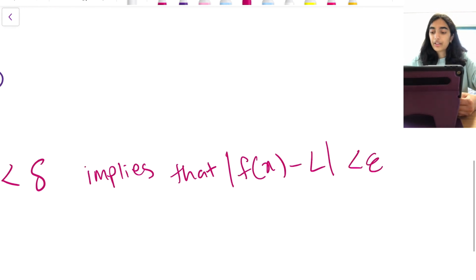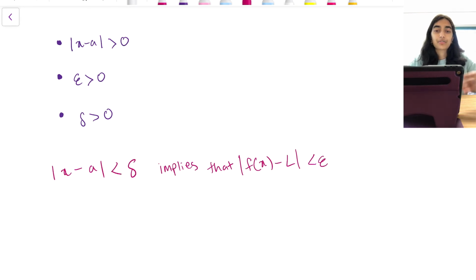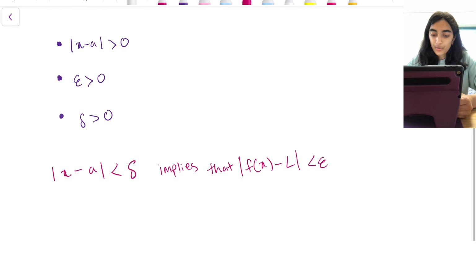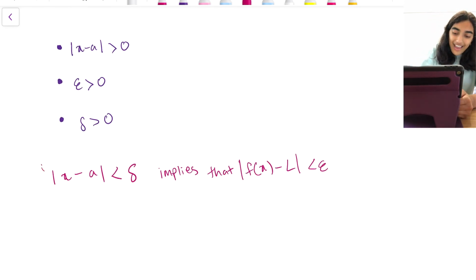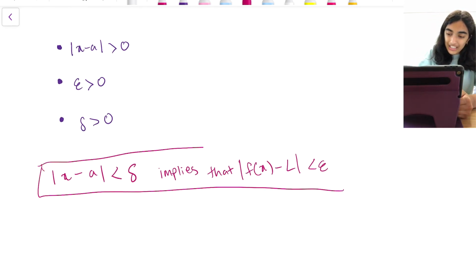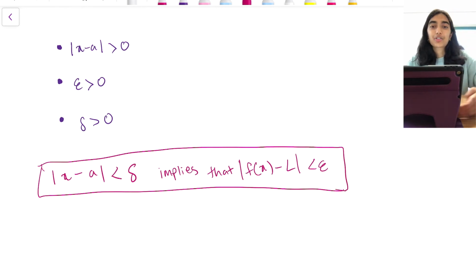And once again, these values are different because the input value and the output value are different, and the starting values are also different. So that's basically it. We're just introducing a more formal way to describe the word approach.